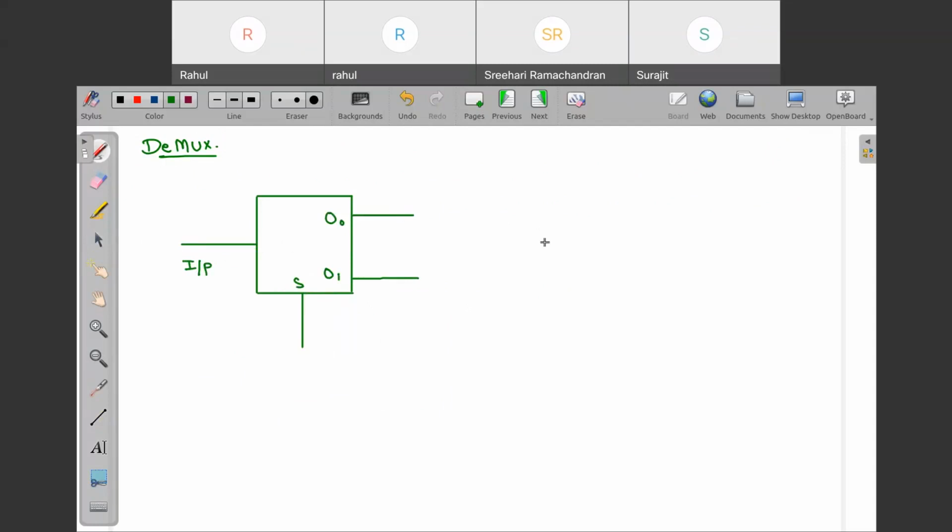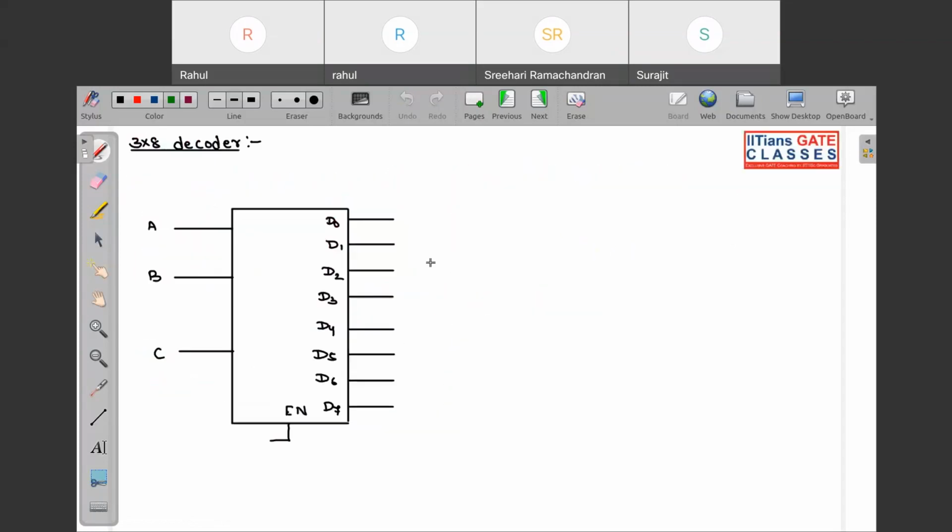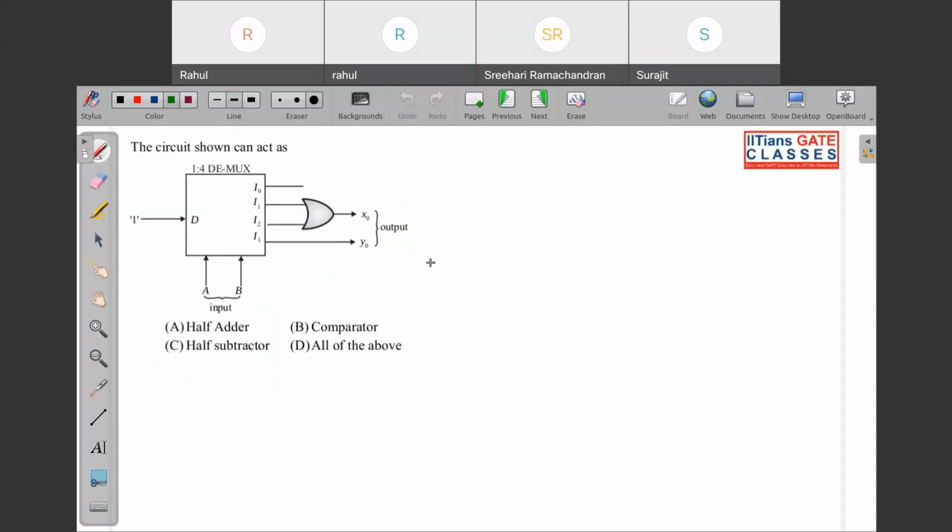Whenever the selection line is complemented, O0 will be selected as the output, and when the selection is normal, O1 will be selected. So this is your Demux. Similarly, you can have a 1x4 Demux, a 1x8 Demux. Simple thing, just the opposite of a multiplexer.